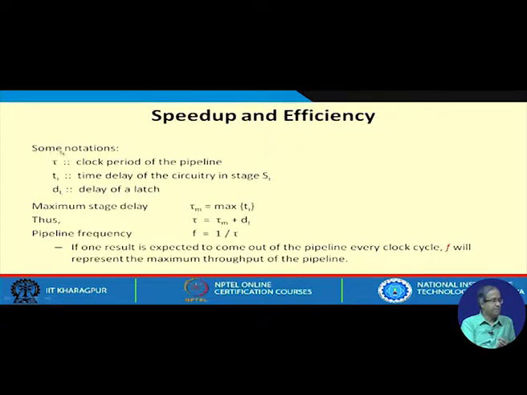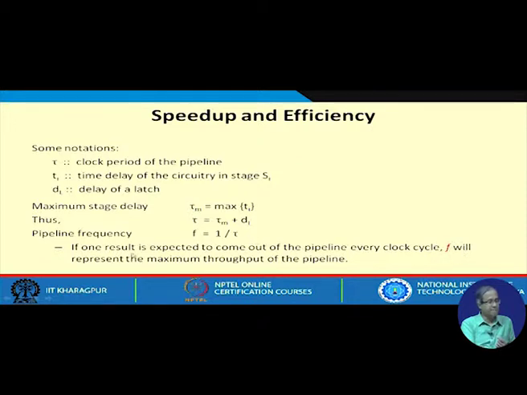So, the minimum clock period must satisfy this criterion: it must not be less than tau m plus dl, that means the maximum stage delay plus the delay of a latch. This tau must be at least equal to this, it can be greater of course, and pipeline frequency would be the reciprocal of this, 1 by tau.